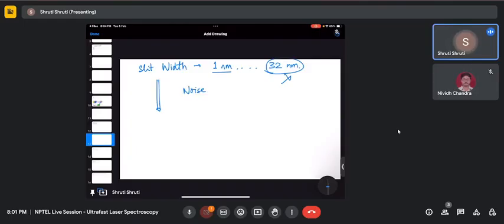As you have read in the lecture, light will travel 1 foot, which is approximately 30 centimeter, in 1 nanosecond. That is, in 10 to the power minus 9 second, it goes 30 centimeter, means 30 into 10 to the power minus 2 meter. So in 1 second, it will go 30 into 10 to the power minus 2 divided by 10 to the power minus 9 meter.